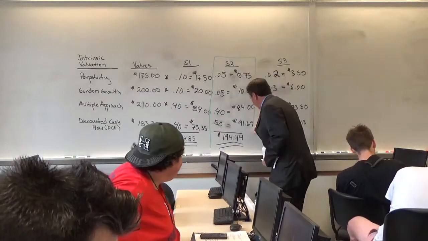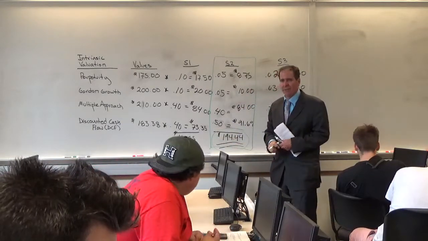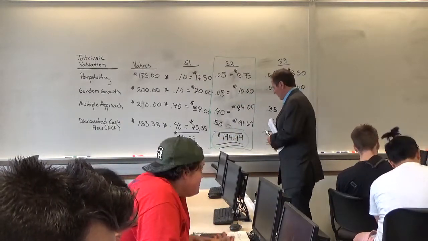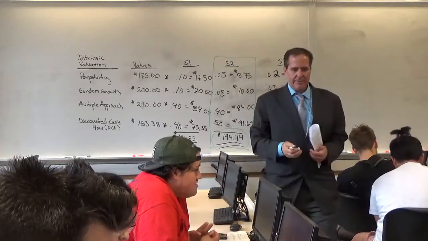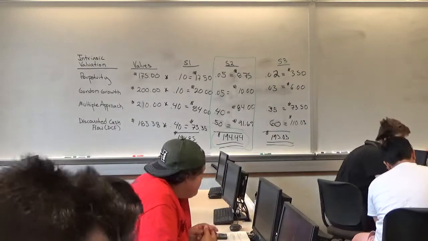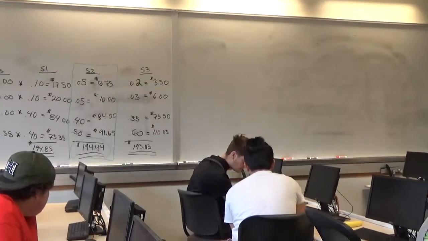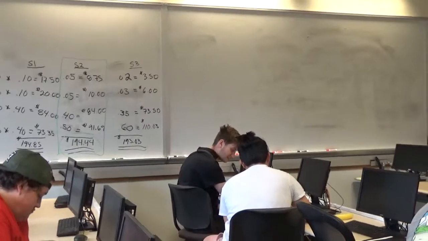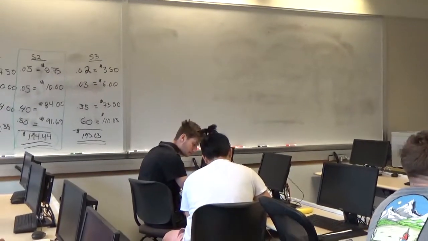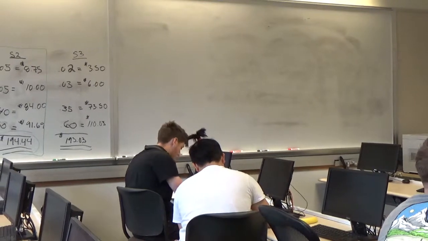Okay, so this is the intrinsic value we're going to use. Earlier when you said the middle value, did you mean the median between all 3? No, just the scenario.